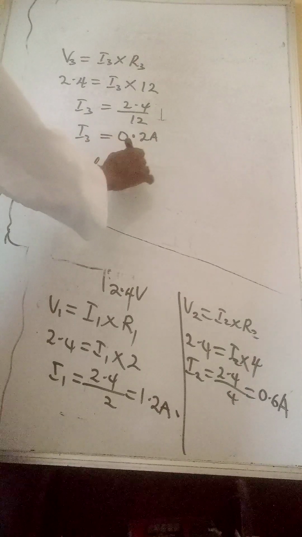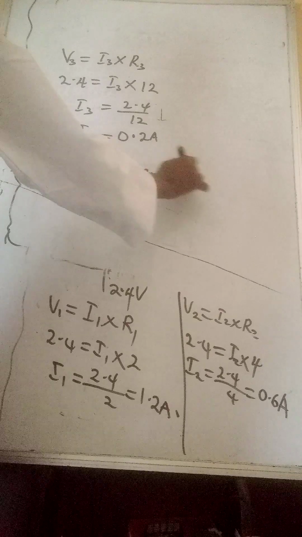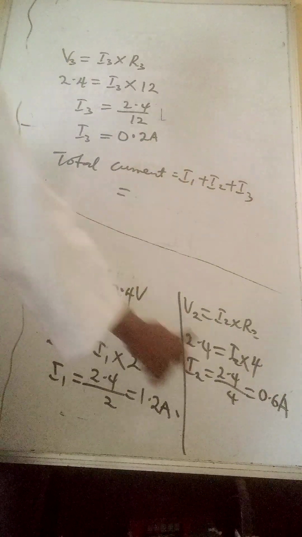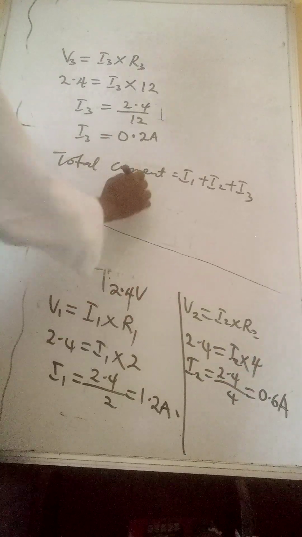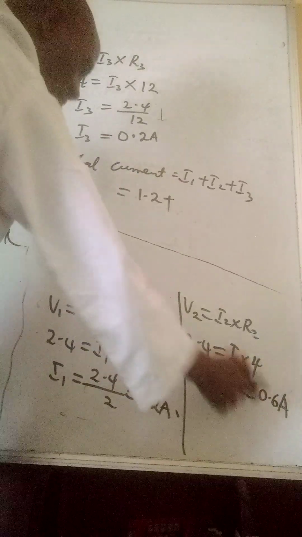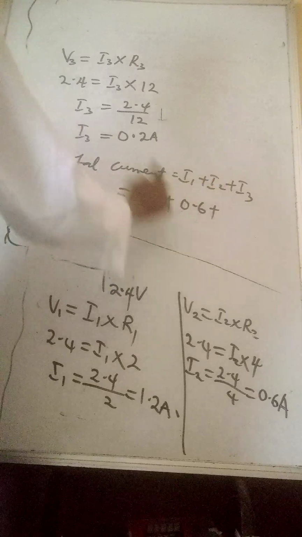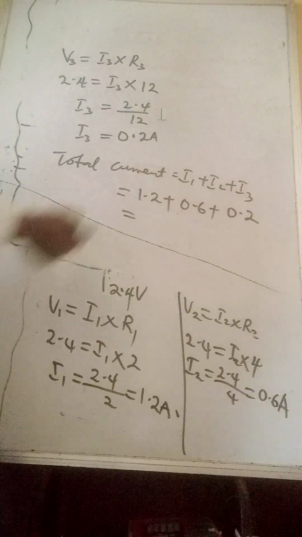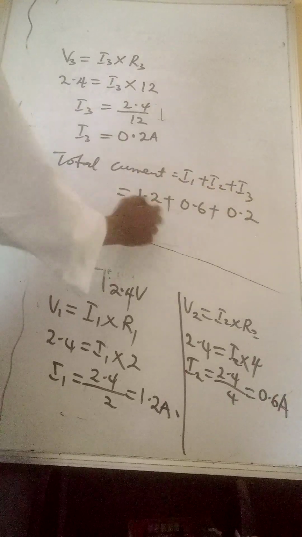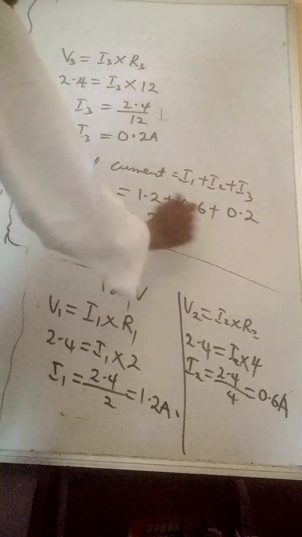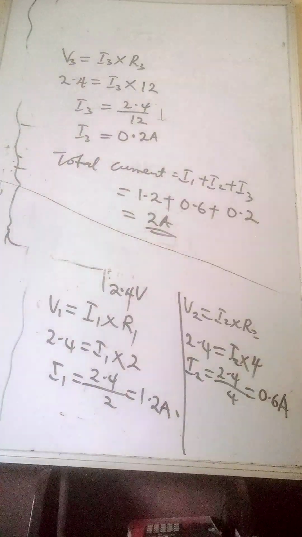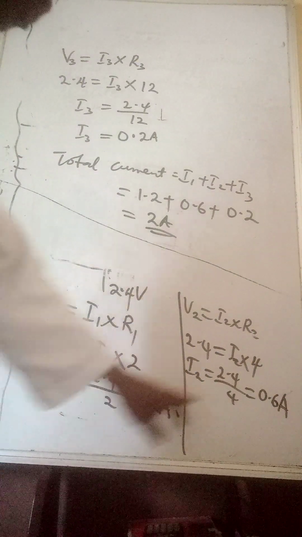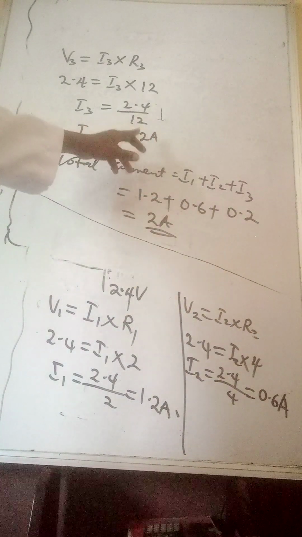Total current will be I1 plus I2 plus I3, and that is 1.2 plus 0.6 plus 0.2. 1.2 plus 0.6 is 1.8, plus 0.2 is 2 amps. That means the total current in the circuit is 2 amps, while the current in each resistor is 1.2, 0.6, 0.2.